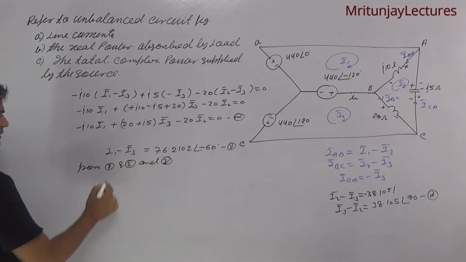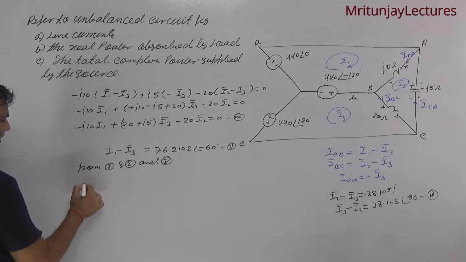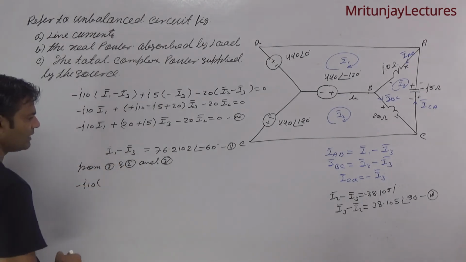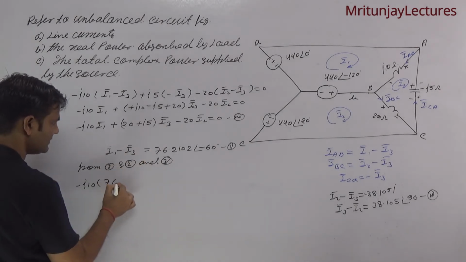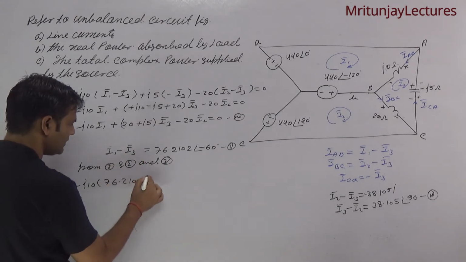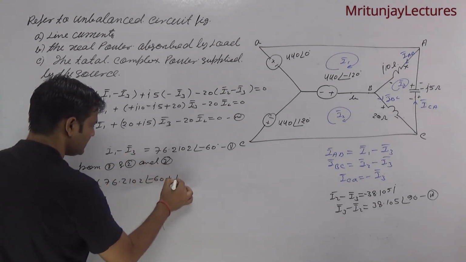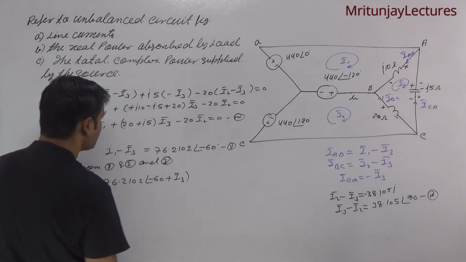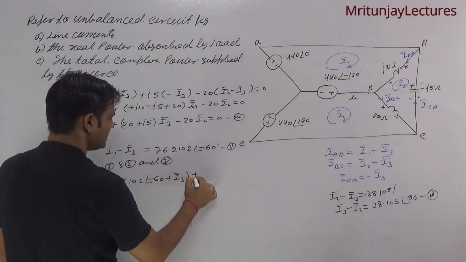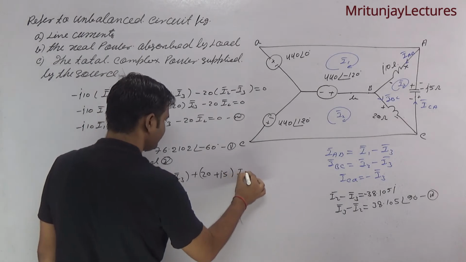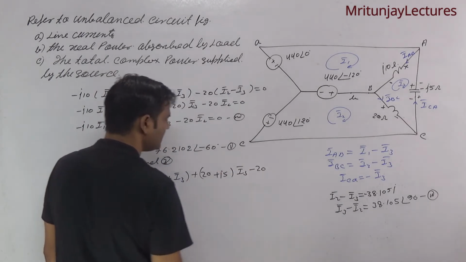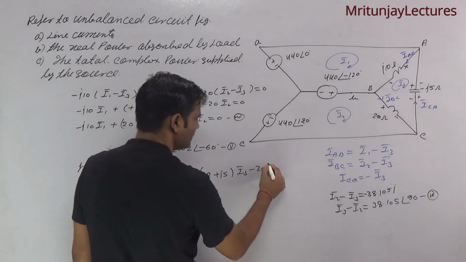Equation 1 minus J10: what about I1? If you write I1, it means 76.2102 at the angle minus 60, plus I3, plus 20 plus J5 into I3 minus 20 into I2.